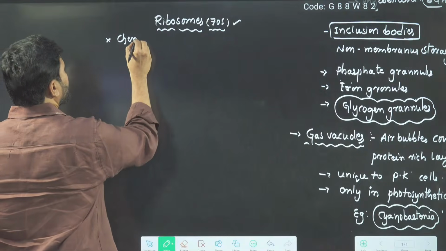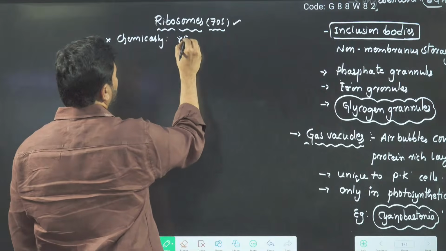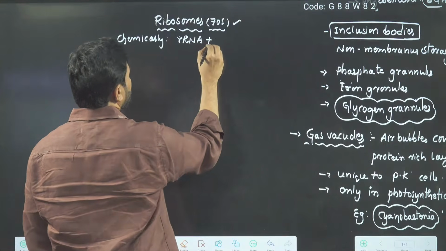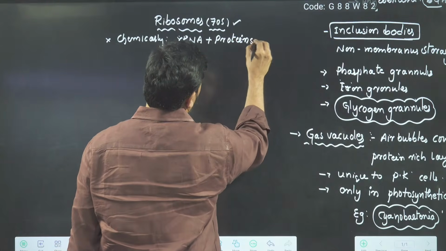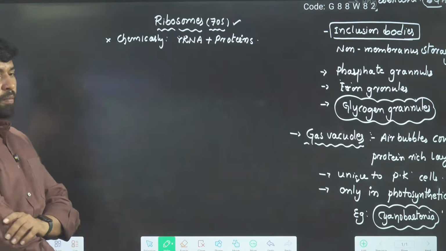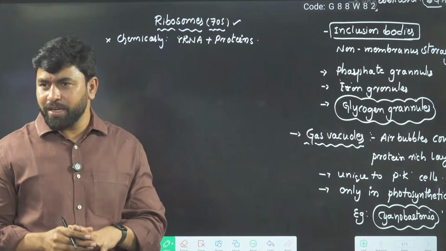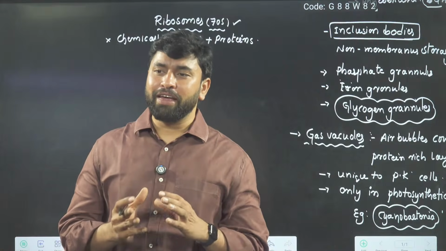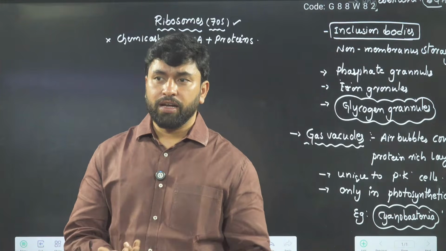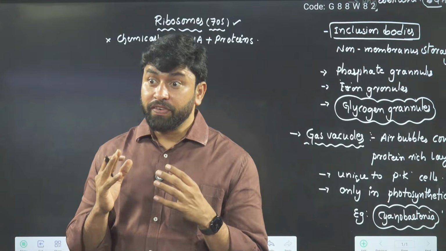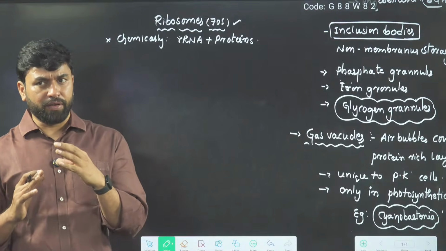Chemically, ribosomes are made up of rRNA plus proteins. Nothing else they have. This one you have already seen in your molecular basis of inheritance during the translation process. Ribosomes are made up of rRNA and also 80 different types of proteins. The number 80 is also mentioned there, that's for 70S only they have indicated.